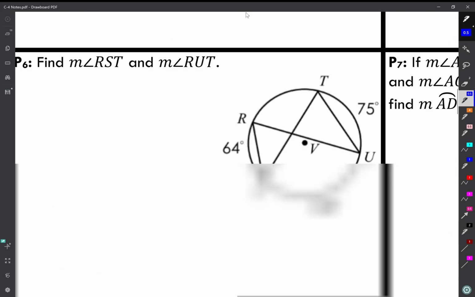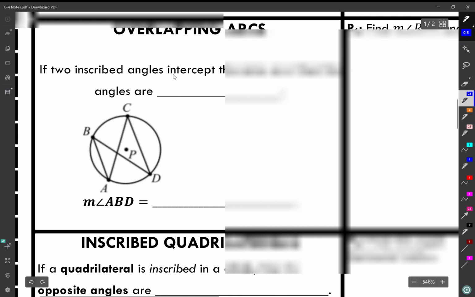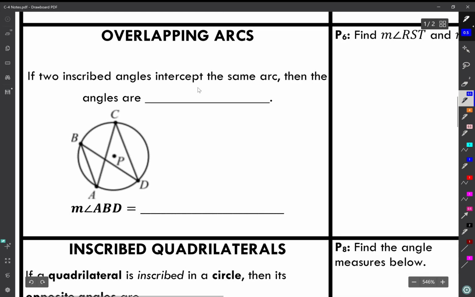Okay, moving on. So now we have what we call overlapping arcs, which says that if two inscribed angles intercept the same arc, then the angles are congruent. So notice that angle ABD and angle ACD, they both intercept arc AD.